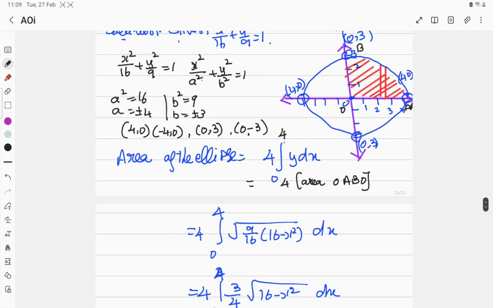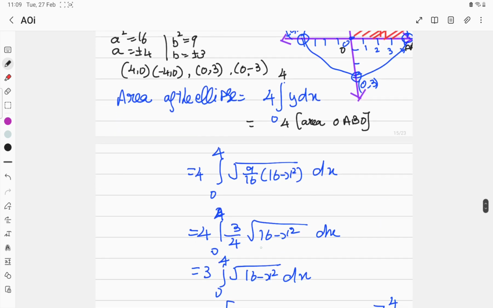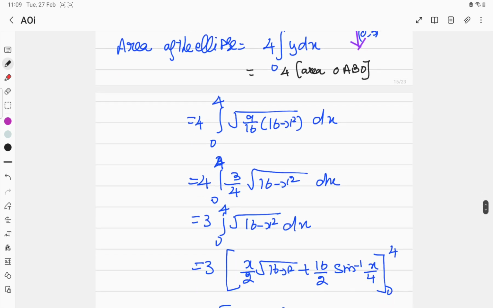So for the integral y dx, we use x²/16 + y²/9 = 1. Therefore we get y is equal to √((9/16)(16 − x²)), that is 3/4 into √(16 − x²) dx. So 4 into 3/4, that is 3 times the integral from 0 to 4 of √(16 − x²).